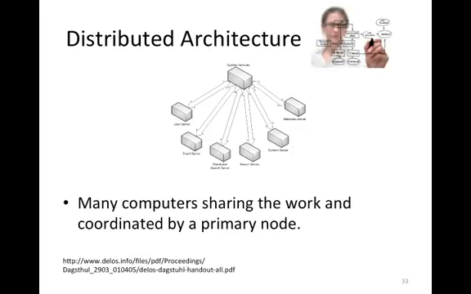And a distributed architecture has many computers, but there's a central computer that is distributing the work. So I have the primary node, and in this example, my metadata is here, my search server is here, I have an event server, a user server, distributed search, and this works. This is used in a lot of really large systems.